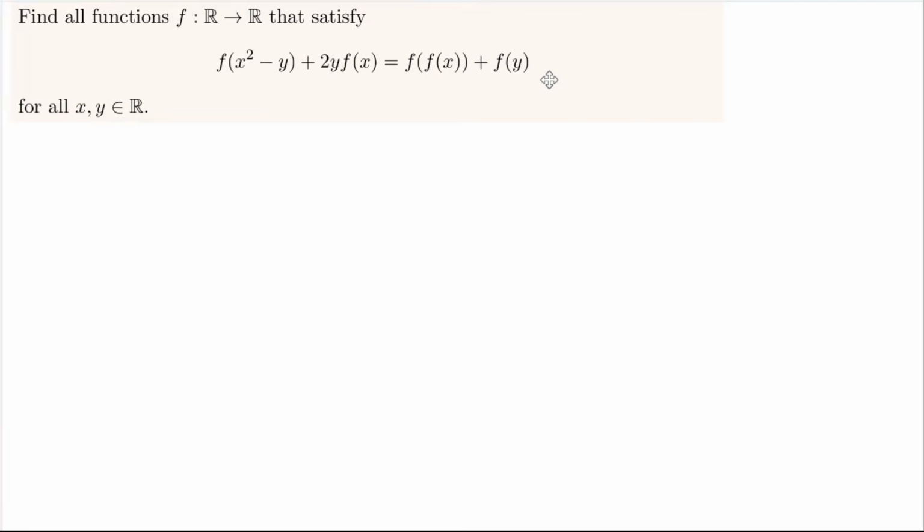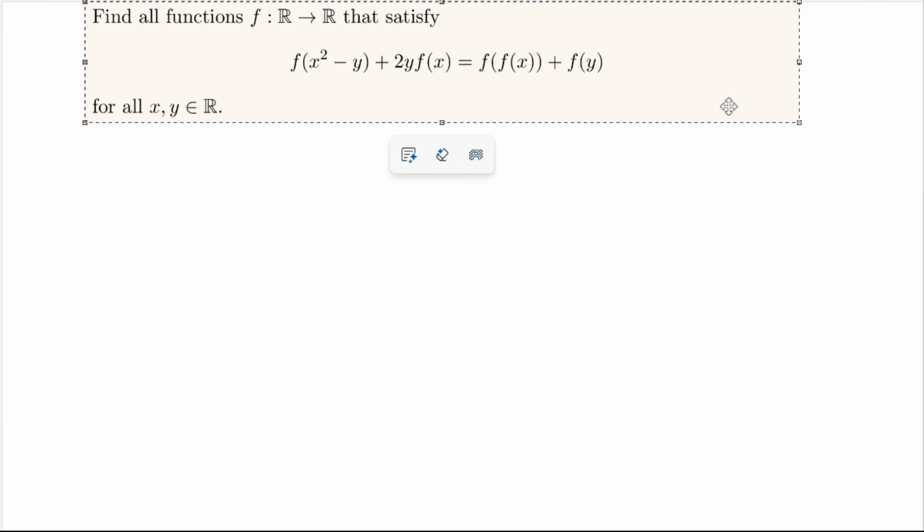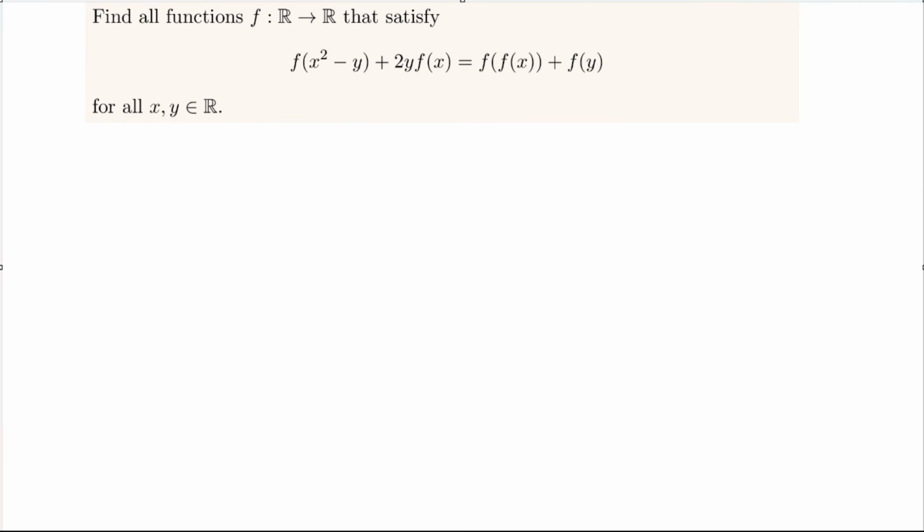And for an example of what heuristics we can try, let's go ahead and solve the following problem from the 2024 USA JMO. And this is a really, really hard problem, so we're going to take our time with this. Find all functions f from the real numbers to itself that satisfy f of x squared minus y plus 2y f of x is equal to f of x plus f of y for all x and y in the real numbers.